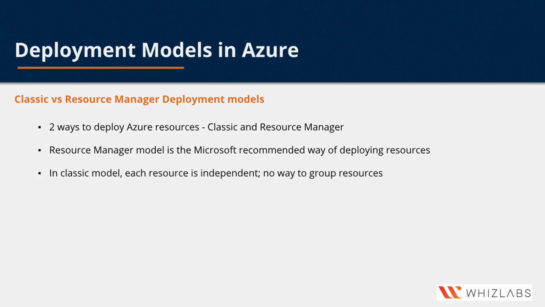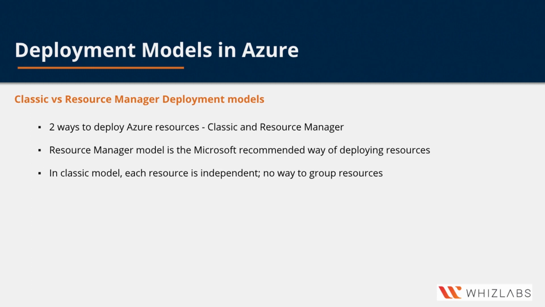So why do we have these two different deployment models and what are the differences? In the classic model, when you build a solution, you need to create each resource independently. For example, if you are creating a web application, you need to create the front-end web app, the database, and the virtual network resources that are required for your application independently.